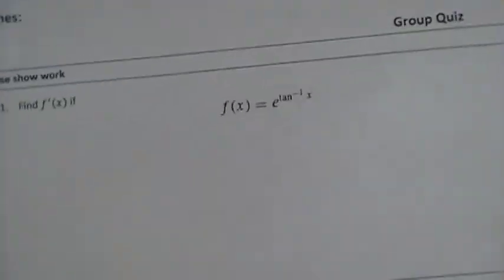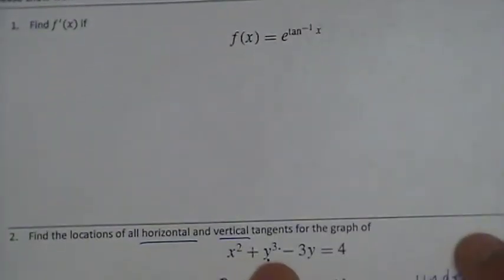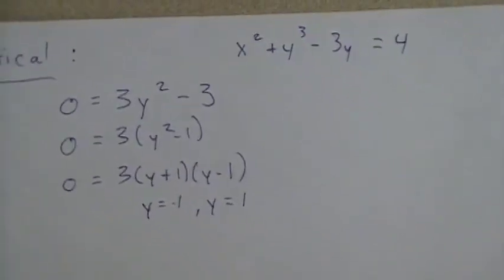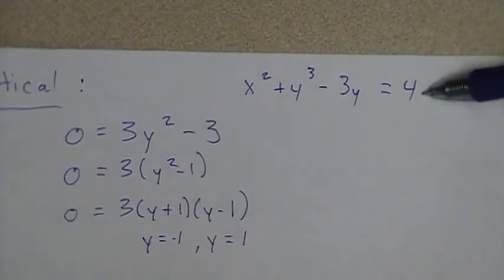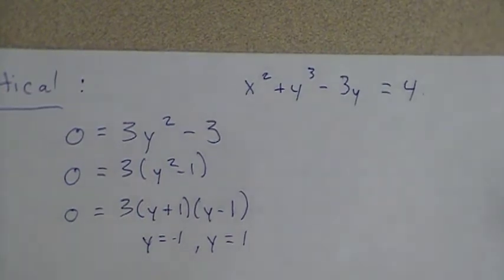Just let me double check and take a peek. So x squared plus y cubed minus 3y equals 4. Yeah, that's what I copied down. So I want to figure out where on the graph of this relation y is 1 and where on the graph of this relation y is -1.